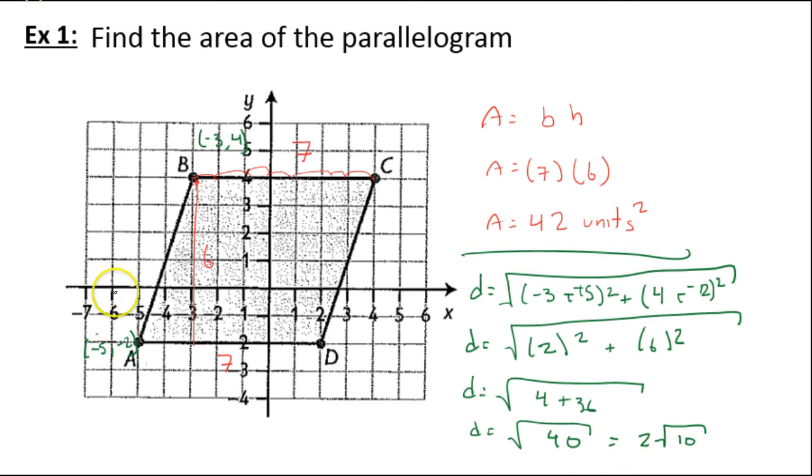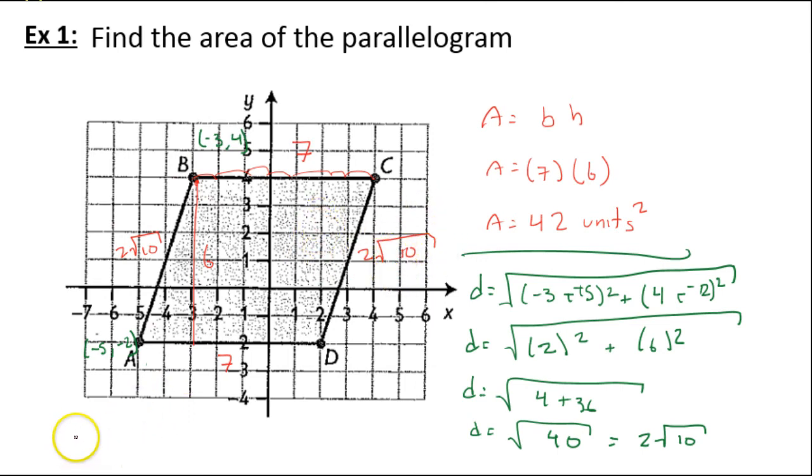So my distance here is 2 root 10. Whatever this side is, it's also the same thing because a parallelogram has opposite congruent angles, congruent sides. So there we go.